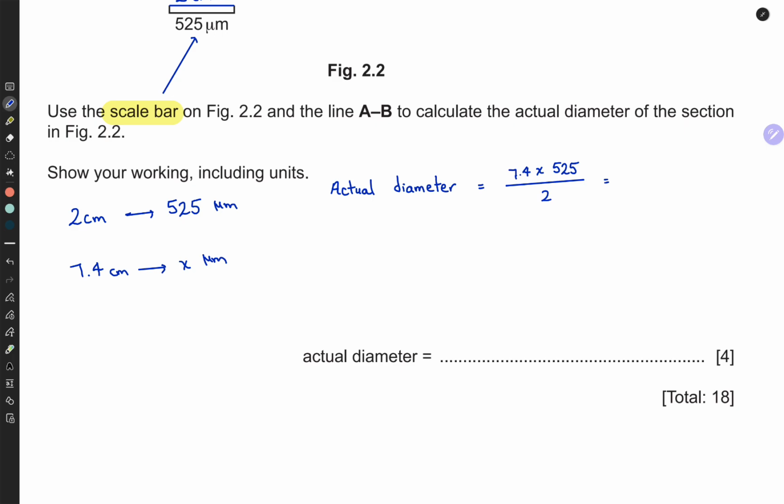If you place this in the calculator, you will get the answer as 1942.5 micrometers.